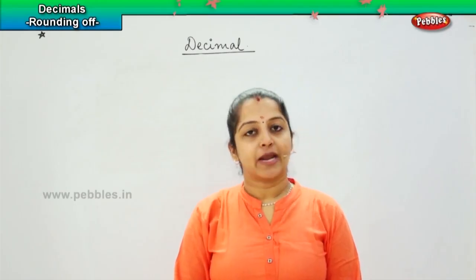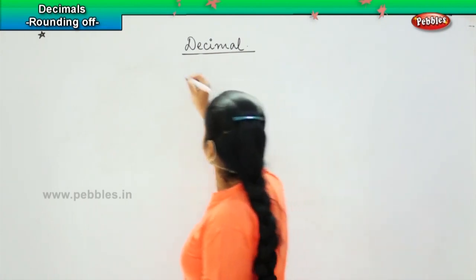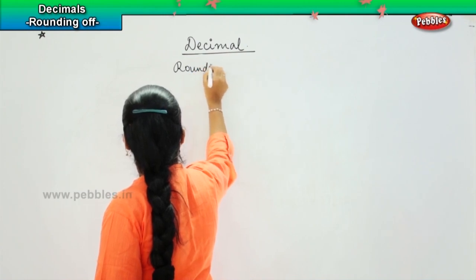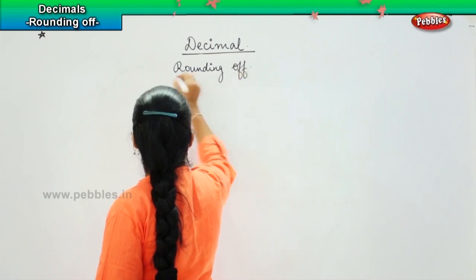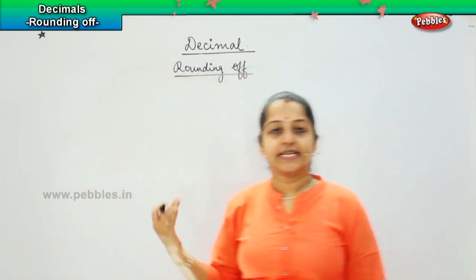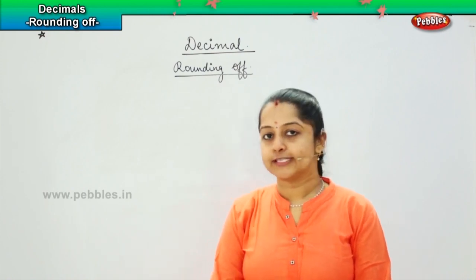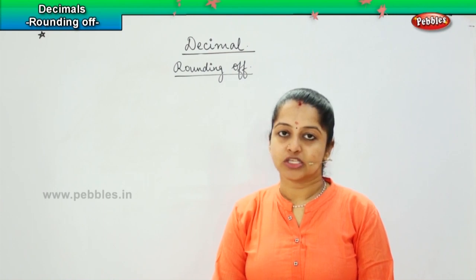The next concept that I am going to teach you in decimals is rounding off. So what do you mean by round off, children? You would have seen it in your school when your teacher rounds off the marks, right? For example, you get 28 and a half out of 30. So what does your teacher do?